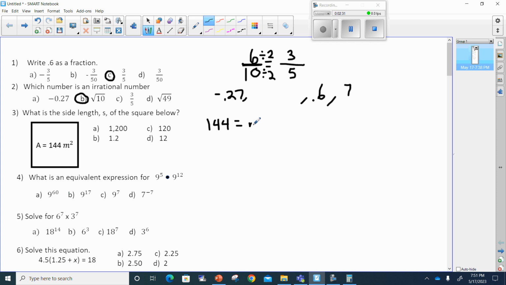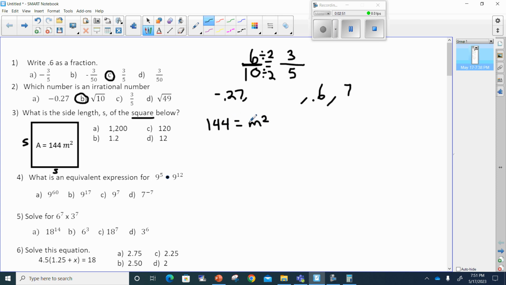M squared. So in order to find this, remember this is area. And when you're talking about a square, you're talking about side times side, right? And it did say this is a square. So that means some number times itself will equal 144.